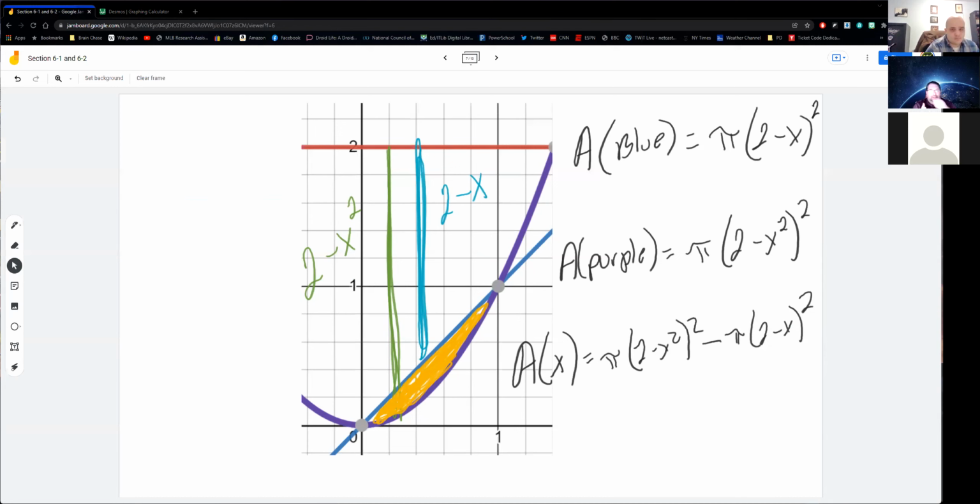Right. So normally, the concept we were doing before around the x-axis, we said whichever one's on top, we would subtract the other part from it. So when we were rotating this exact one around the x-axis, it was the x line minus the x squared line, because the x line was on top.